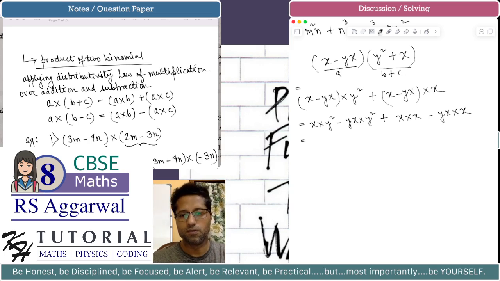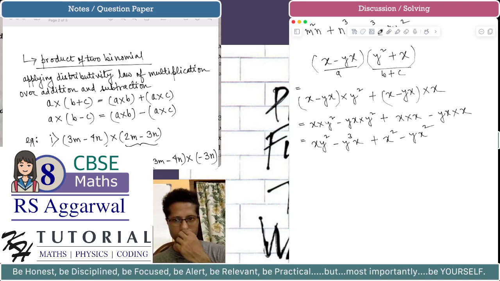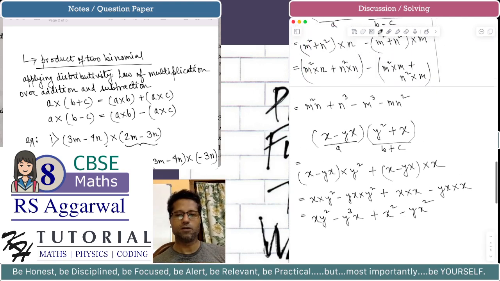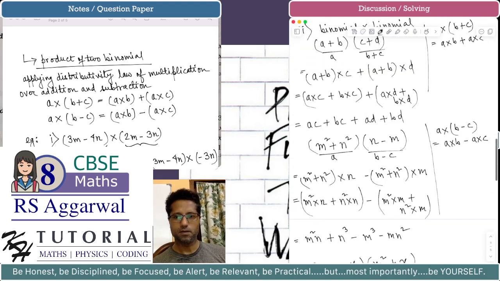So this is equal to x y square minus y cube x plus x square minus y x square. So this is the final result. So this was how we do the multiplication of two binomials.